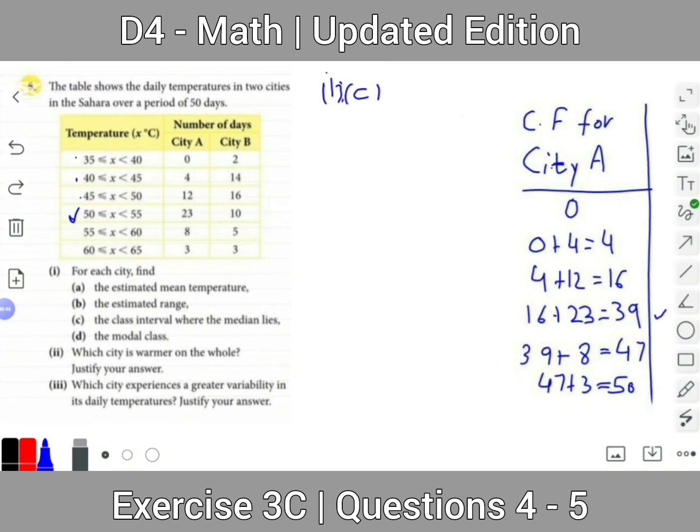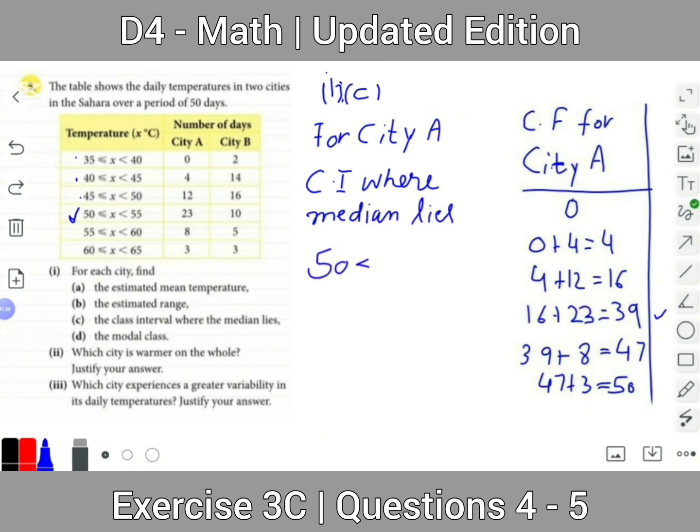So for city A, the class interval where the median lies will be 50 less than or equal to x less than 55.